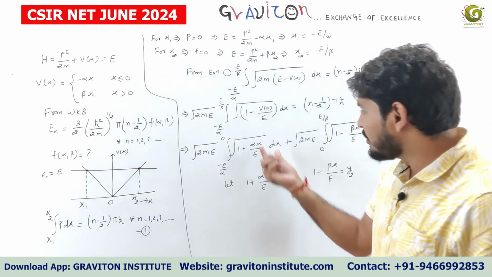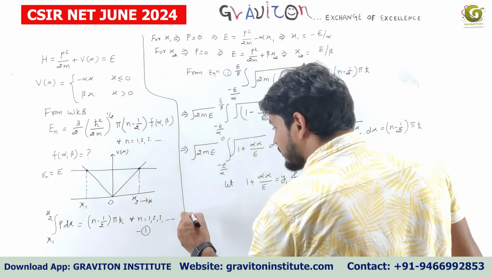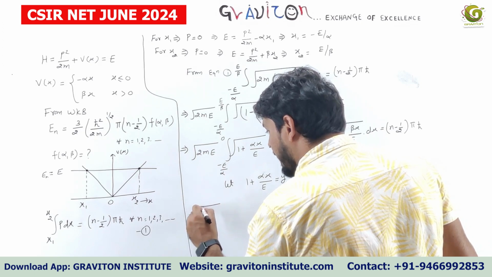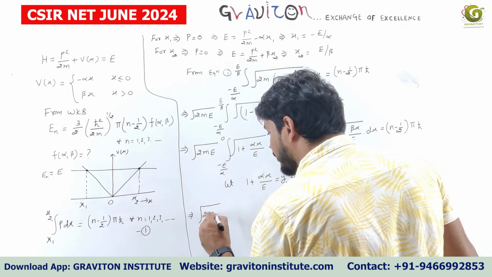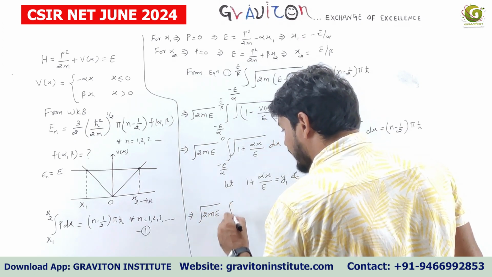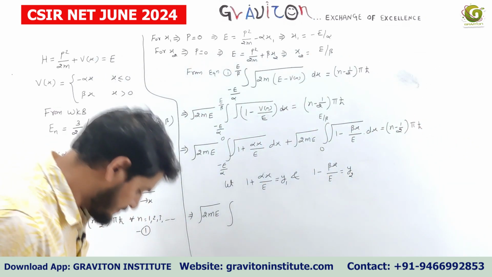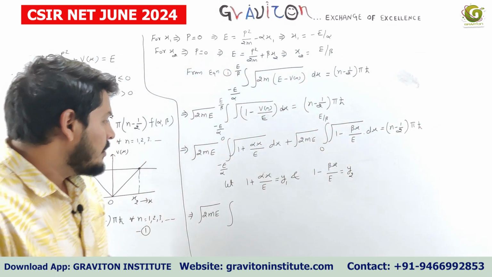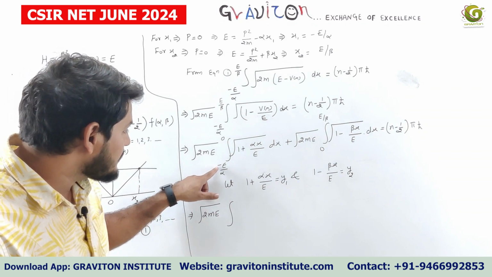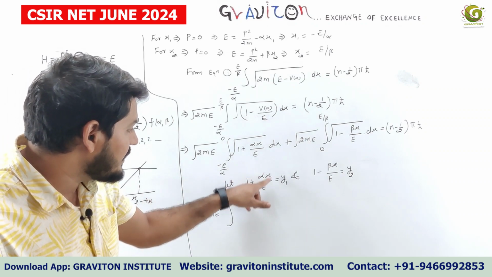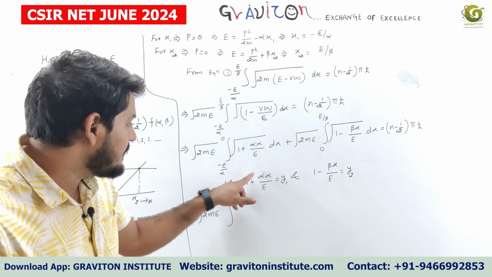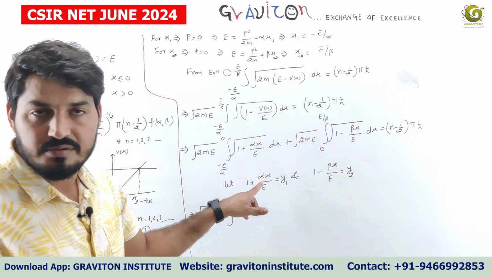Now let's try to put these values. So this will become under root 2me. Now what are these limits? When you put x equals minus e by alpha in this one, this will become 1 minus 1.